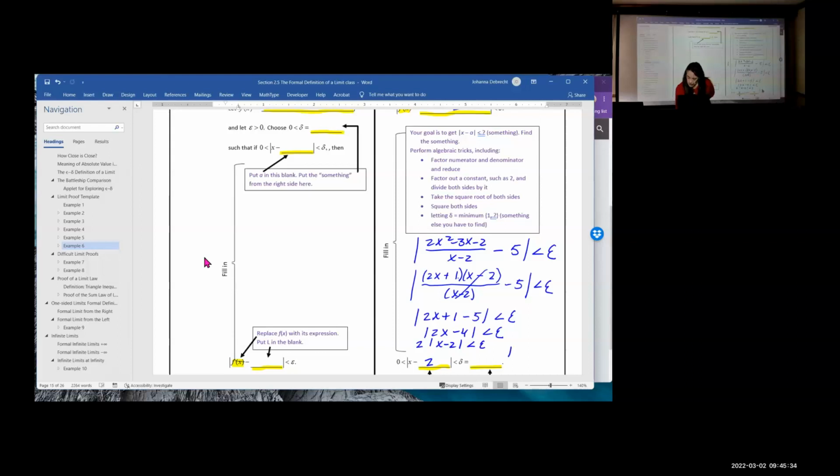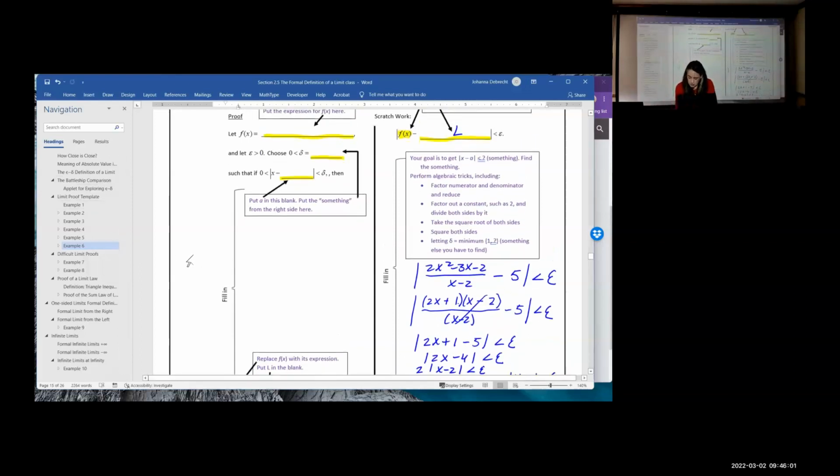I'm running out of space, so I'll put it over here to the side. |x minus 2| less than epsilon over 2. So we're going to choose delta to be epsilon over 2. So this is sort of a combination of the first method and the last method that we saw, where you needed factoring and you needed factoring out the common factor.